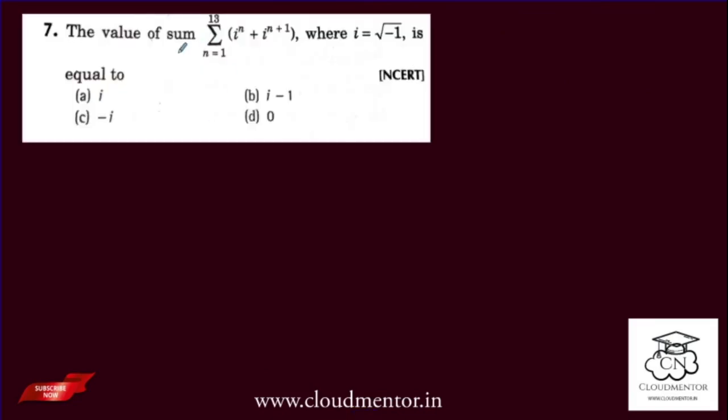The value of the sum, sigma n equal to 1 to 13, of i raised to n plus i raised to n plus 1, where i equals root minus 1, is equal to what?